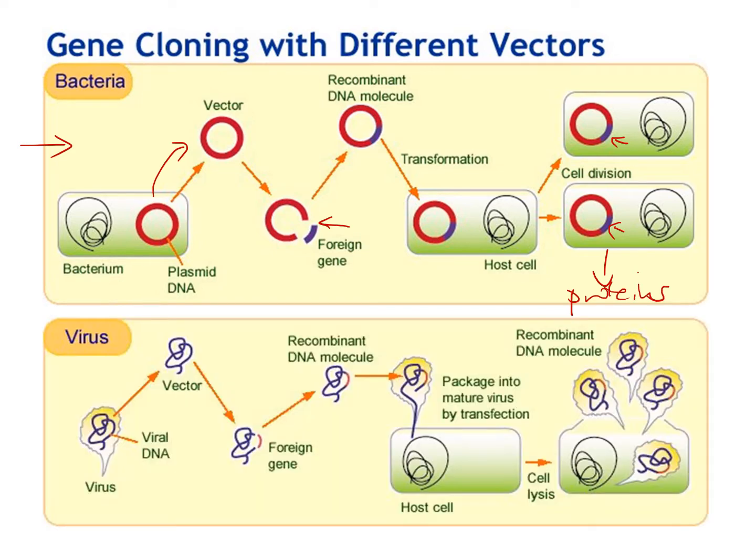It's the same process, I guess, with viruses. It's just that the virus is used instead of a plasmid. Okay, so it's a different vector, which would still get taken up by a cell and then used to reproduce that gene.